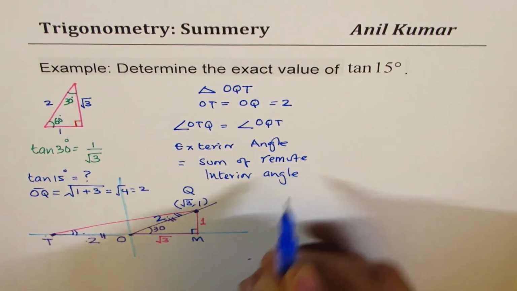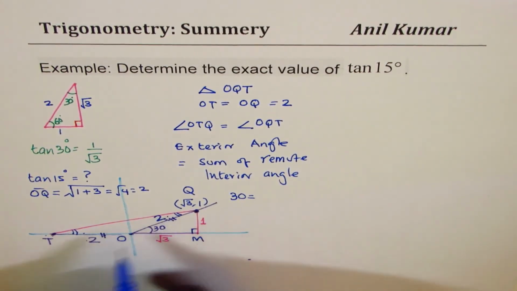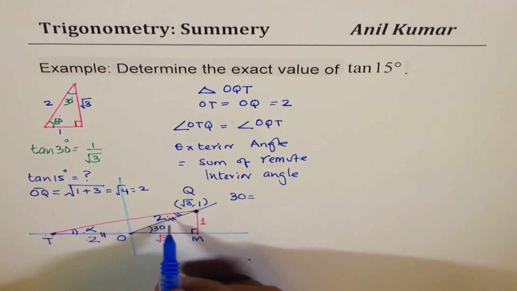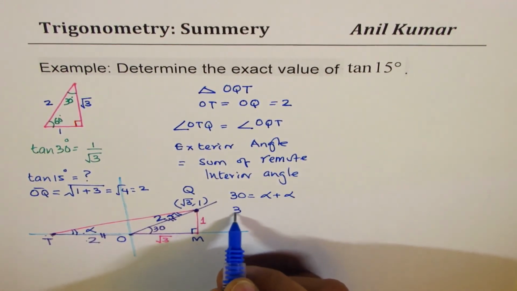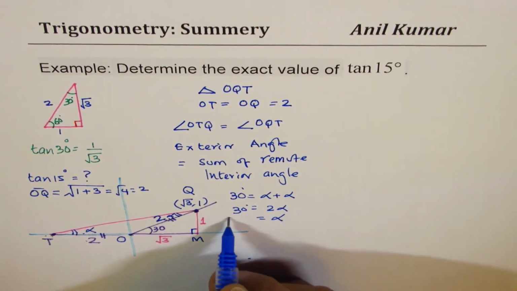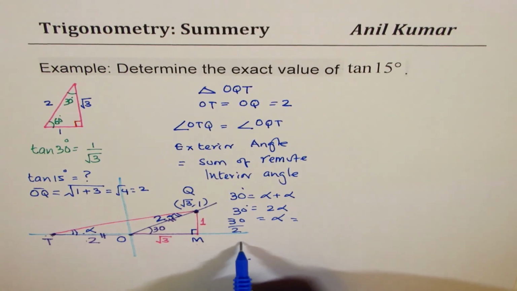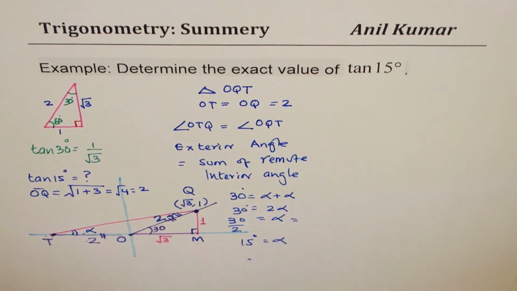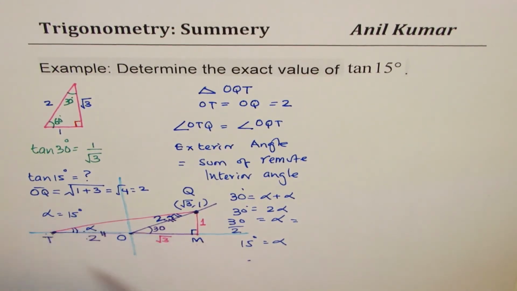That means 30 degrees is equal to these two angles. Let's call them alpha, right? So both are alpha. So 30 degrees is alpha plus alpha. So 30 degrees is equal to 2 alpha, and alpha equals 30 over 2, which is, let me write, 15 degrees here. So we get alpha equal to 15 degrees.